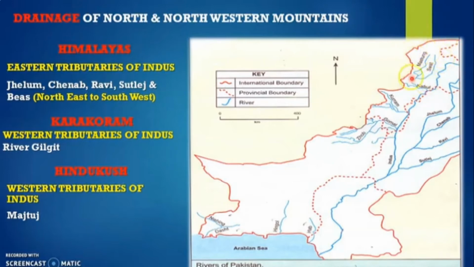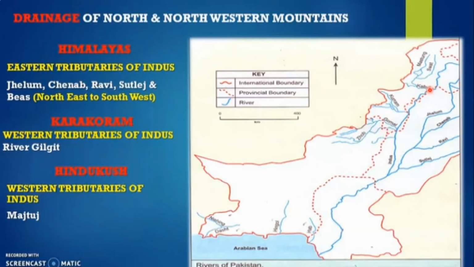Over here it is written Mastung, that is basically Mastuj, not Mastung. That is the western tributary of Indus. So it is also a river which is basically entering into the Indus. So this is what we have regarding the drainage of the north and northwestern areas.